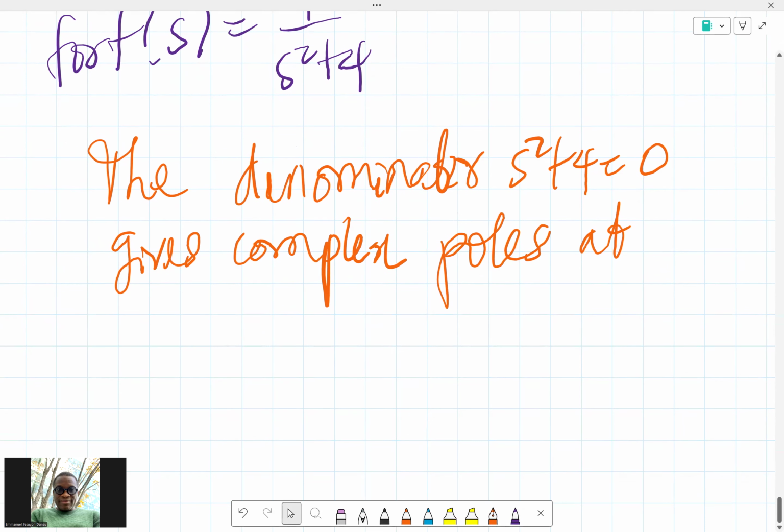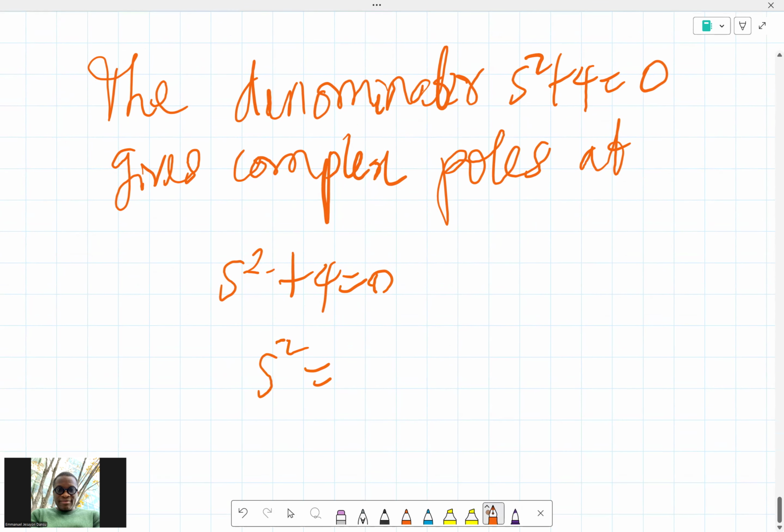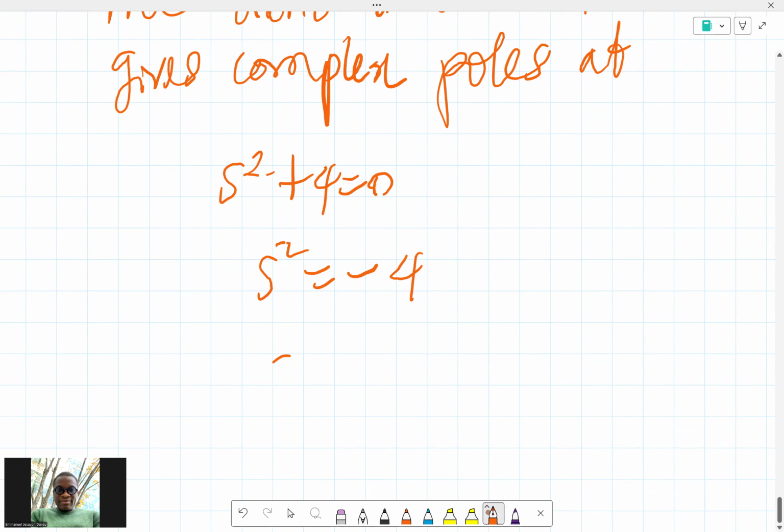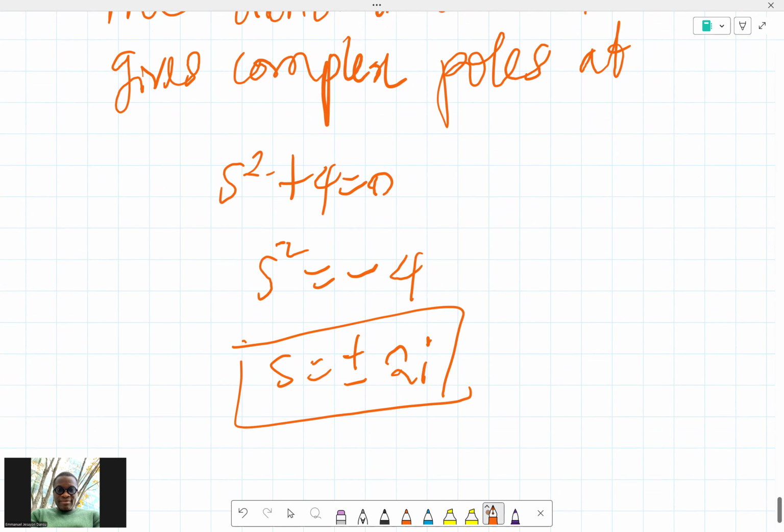That means s squared is equal to minus 4, which means s is equal to plus or minus 2i. So we have complex poles here.